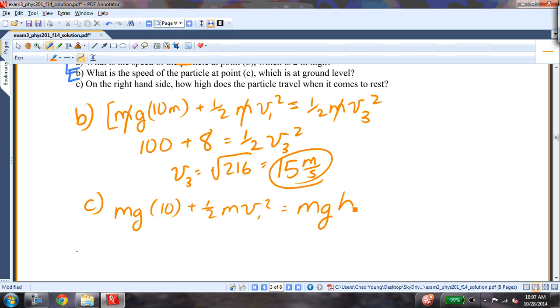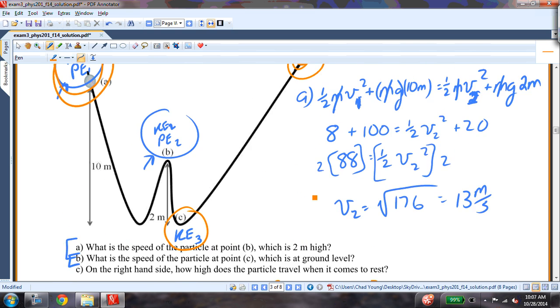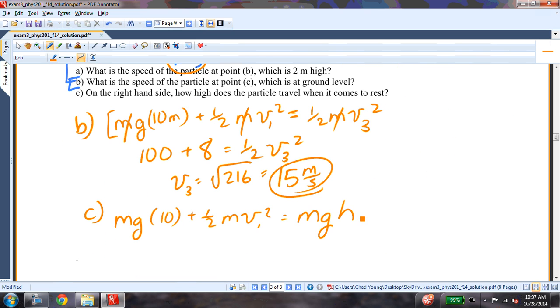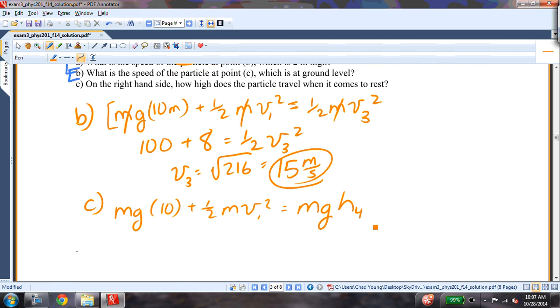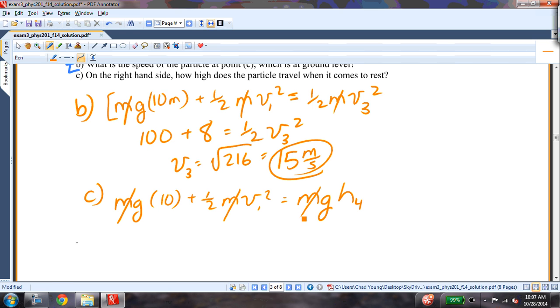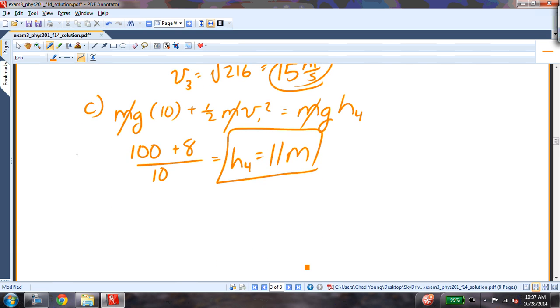What did I call this? Location 4, mgh4. Okay, now my masses cancel, and I solve for h. So 100 plus 8 divided by 10 is equal to h4. That's equal to 11 meters. So that's the right answer.